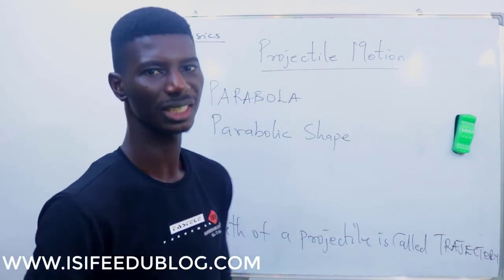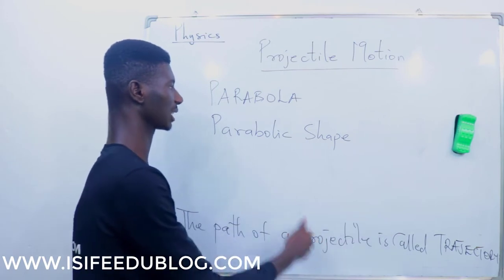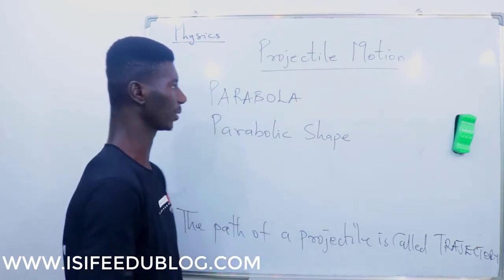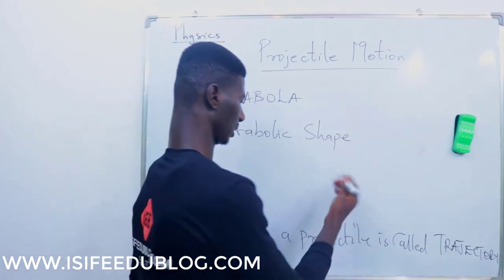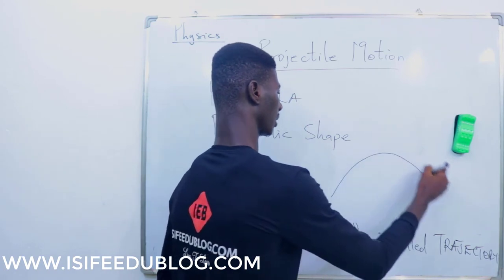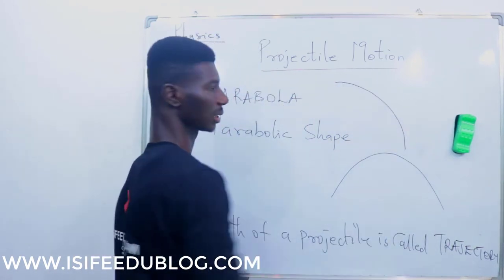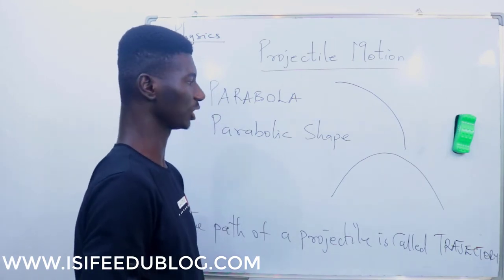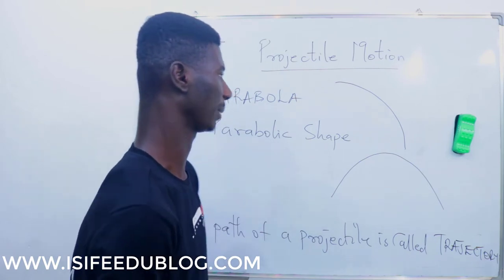These are little things you need to know for your exam's sake. The shape of a trajectory is parabolic, or you simply say a parabola. A parabola is the shape of a quadratic graph. For instance, this is a parabola. So the shape of a quadratic graph is an example of what you call a parabola.